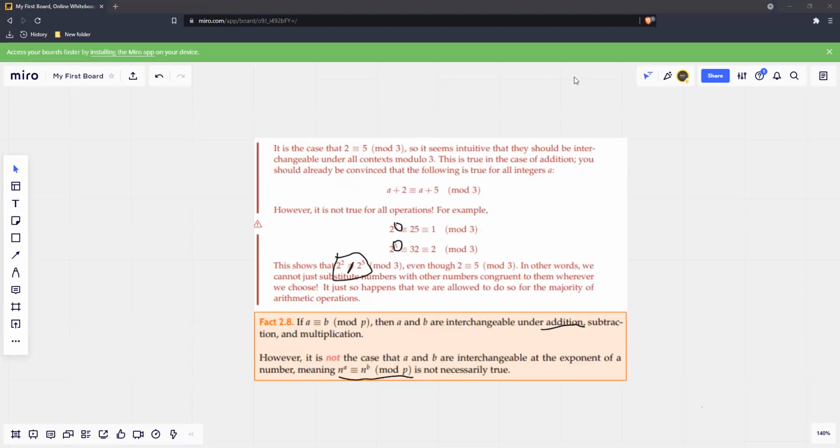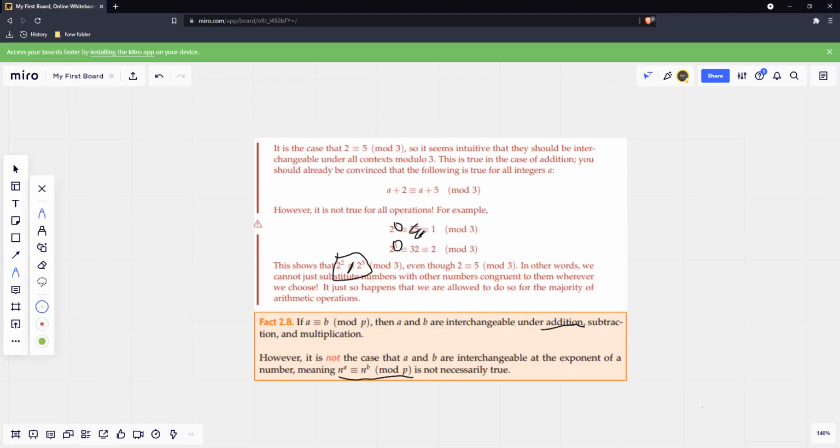Basically, we're just saying 2 to the power of 2 is congruent to 1 mod 3, while 2 to the power of 5 is congruent to 2 mod 3, even though 2 and 5 are congruent.